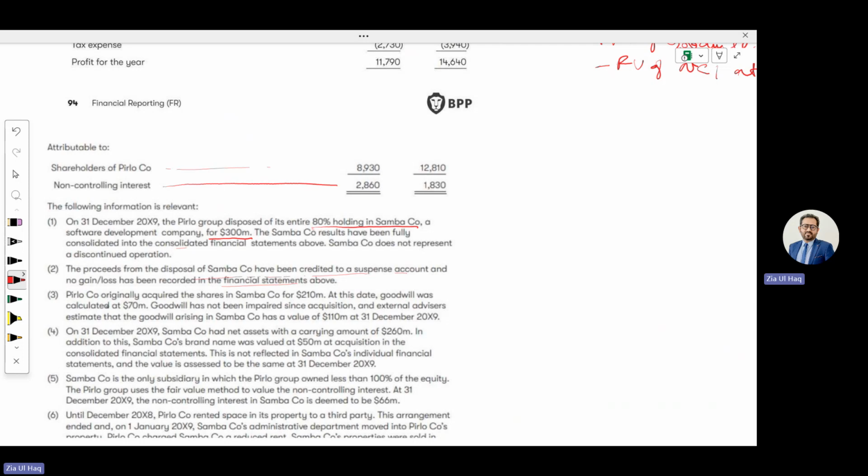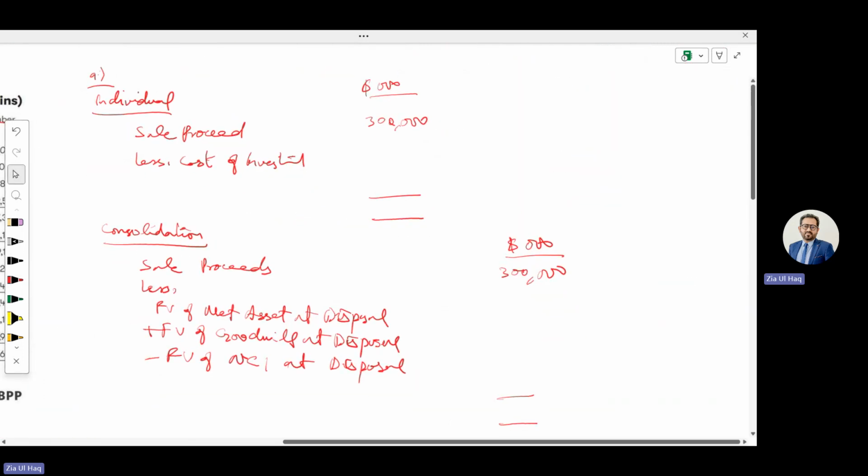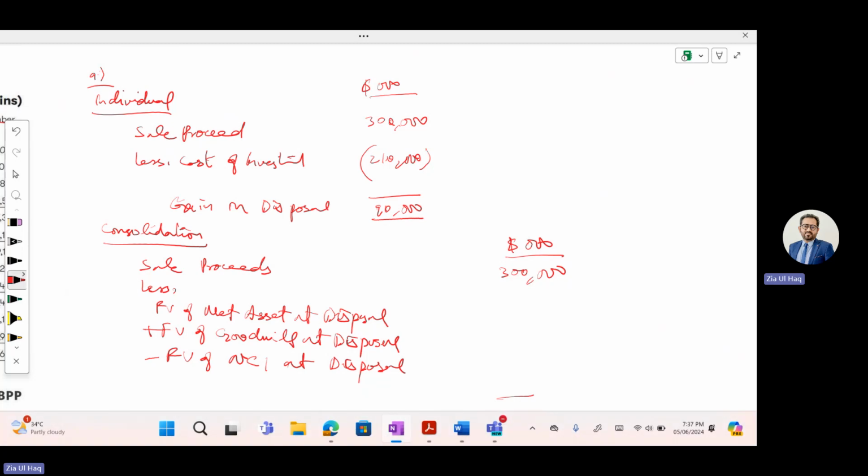Pirlo company originally acquired the shares of Samba company for 210 million. So this is the cost of investment, 210 million. So they bought for 210 million, and 90 million is the gain on disposal that should be recorded in the individual financial statements.